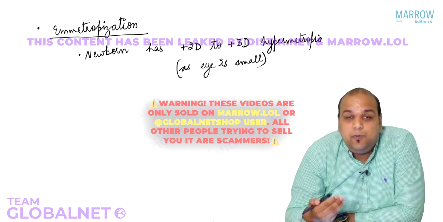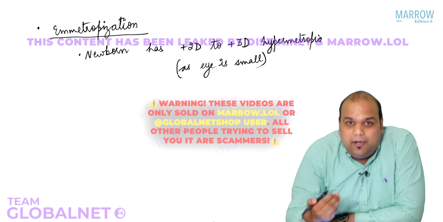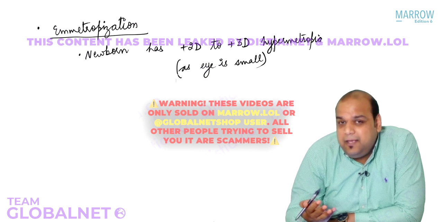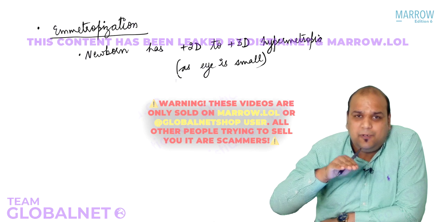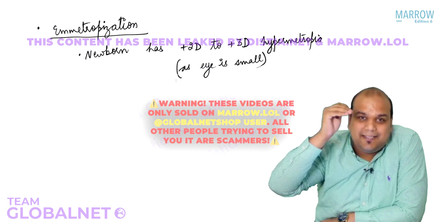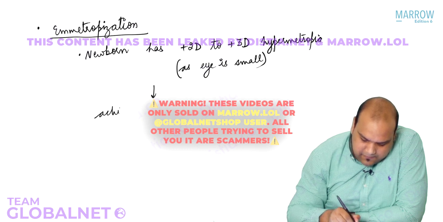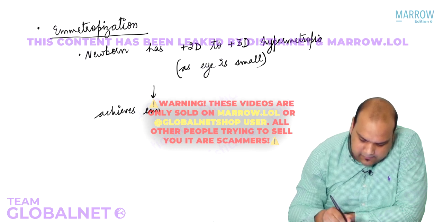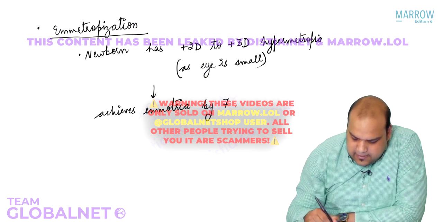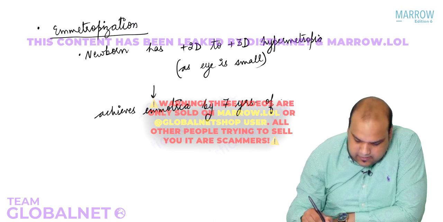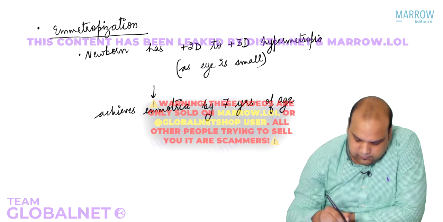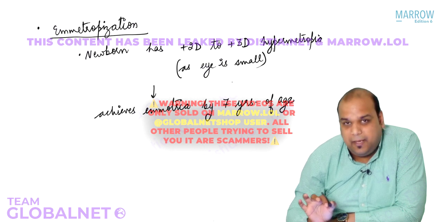So the newborn, not the patient, the newborn is supposed to have hypermetropia. This hypermetropia will slowly reduce and the child will become emmetropic. Achieves emmetropia by 7 years of age. Okay, am I clear to everybody?